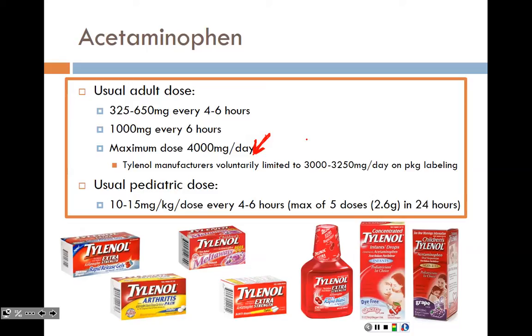That was an FDA call, and it was because of how they dose it. Because of how physicians were dosing the frequency of Vicodin, people could exceed even 4 grams a day. So they did that to limit it, because most people take products like Vicodin, and the majority of the pain relief they're getting is probably from the opioid component, not from acetaminophen. They did it basically for safety reasons.